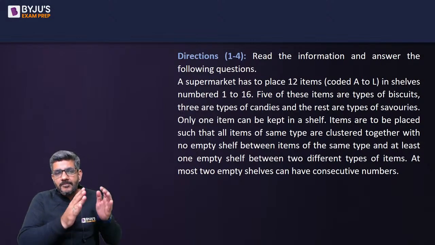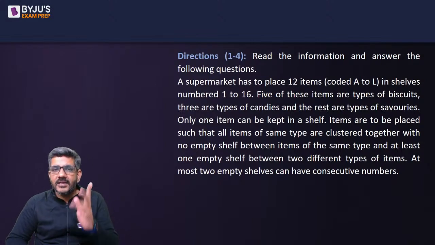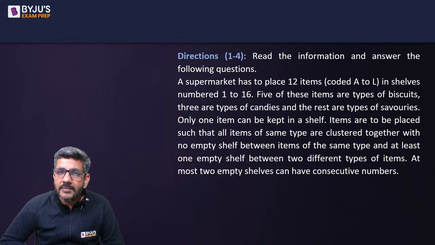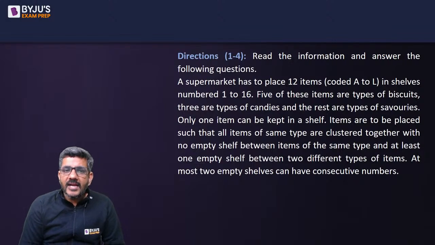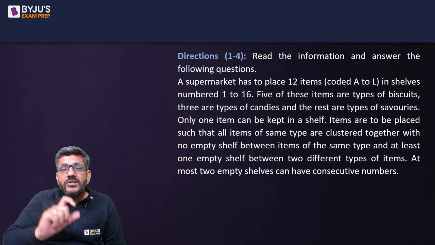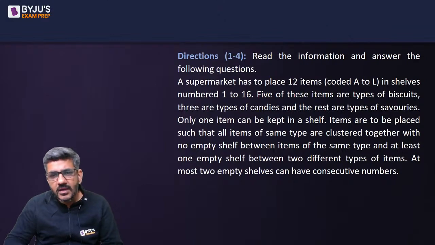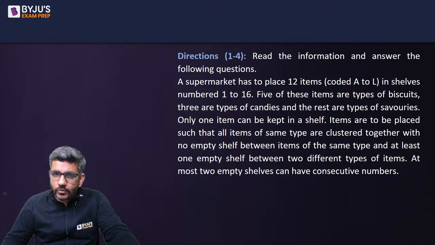So between the biscuits and candies, there would be at least one empty shelf. Between the candies and savories, there should be at least one empty shelf. That's what he's saying. And at most two empty shelves can have consecutive numbers. That means you can't have 3 consecutive empty shelves or 4 consecutive empty shelves. That's not possible. That is what he is telling you through this data.